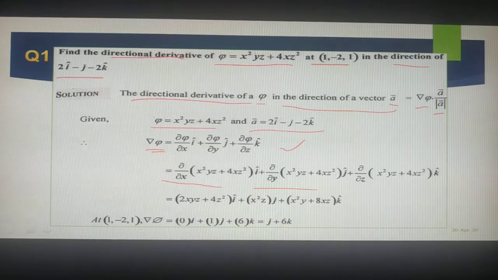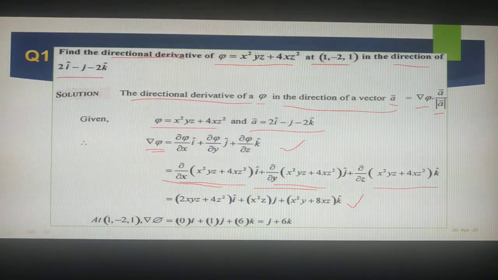The phi function is here, x squared yz plus 4xz squared, and this first portion we are differentiating partially with respect to x, this with respect to y, and this with respect to z. If you simplify, you will get some vector, which is del phi, a vector point function.